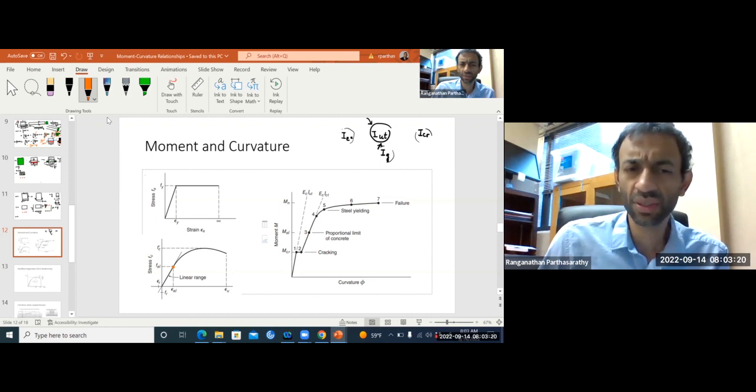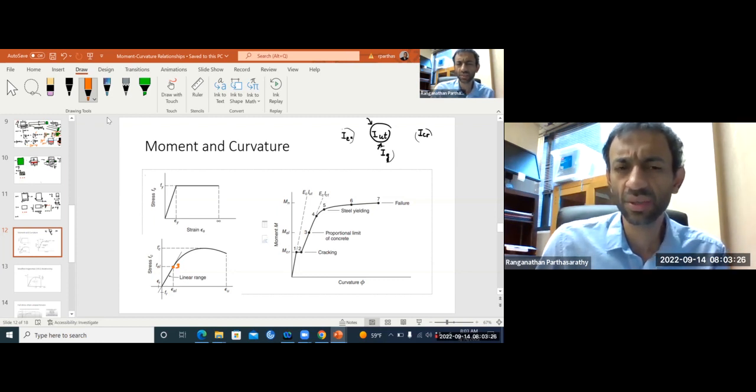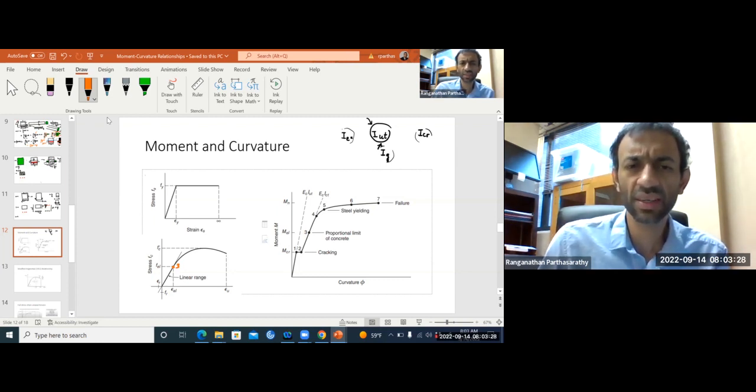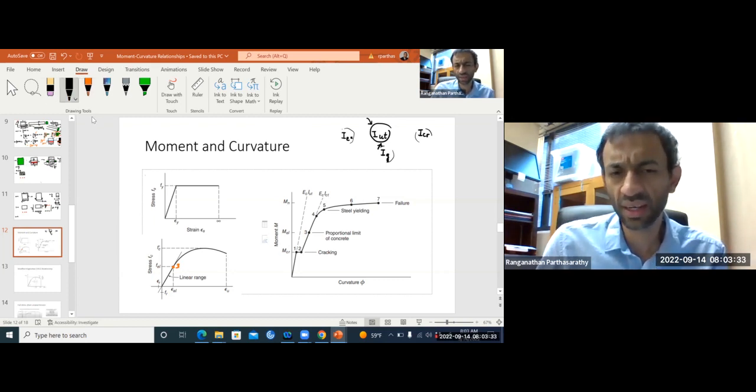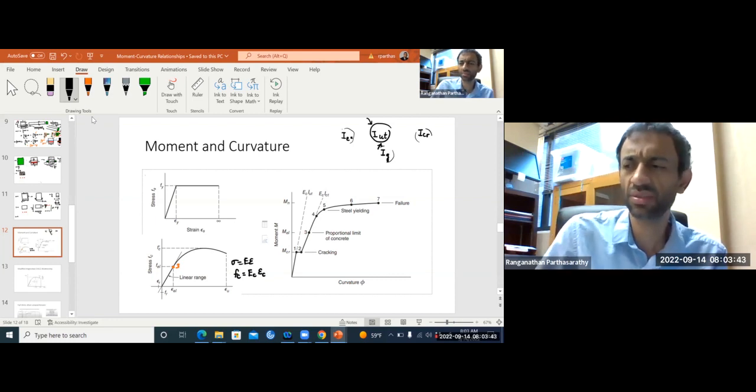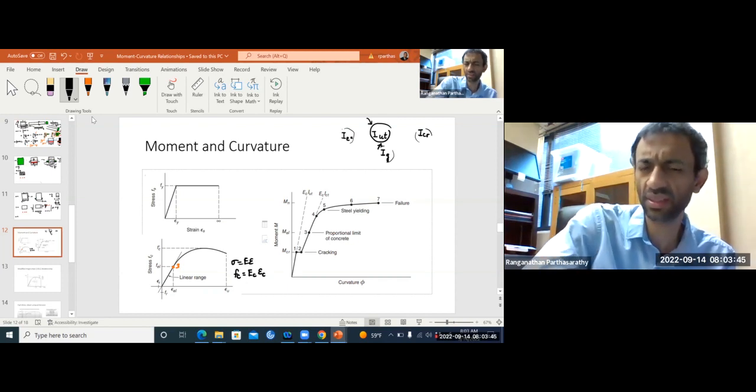When you cross this orange point, point 3 in the moment-curvature curve, the stress-strain relationship for concrete is not linear. That means you cannot write sigma equals E epsilon. You cannot write fc equals Ec times epsilon c for concrete.